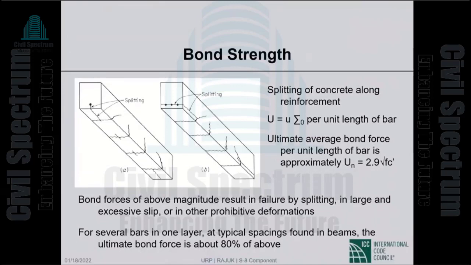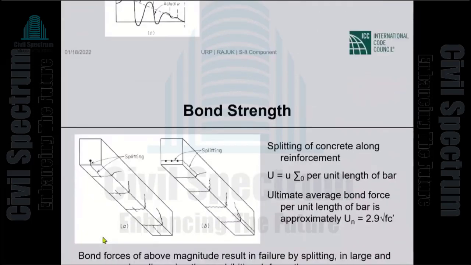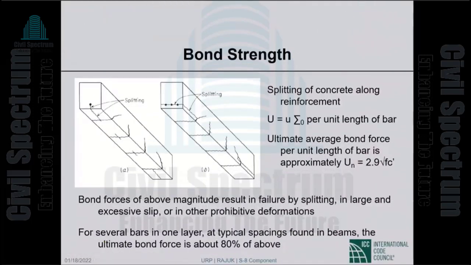Now, because of everything that we discussed, if the bond stresses become too high, then there is failure of bond, which will show in the form of splitting of concrete along reinforcement.